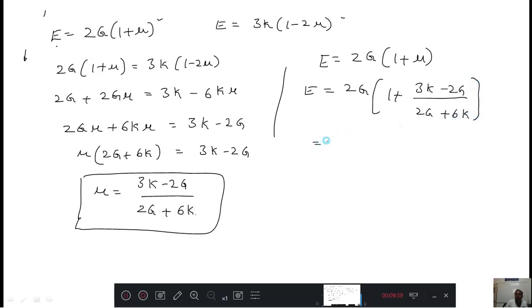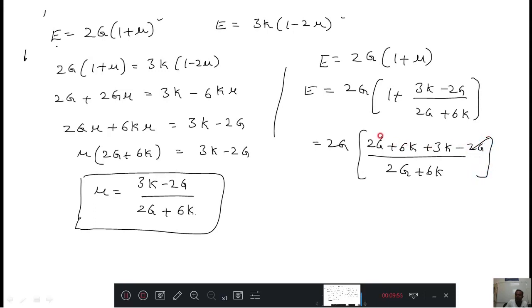Then take the LCM, which is 2G plus 6K. This will be 2G plus 6K plus 3K minus 2G. The 2G cancels. Therefore 6K plus 3K is 9K, divided by 2G plus 6K.